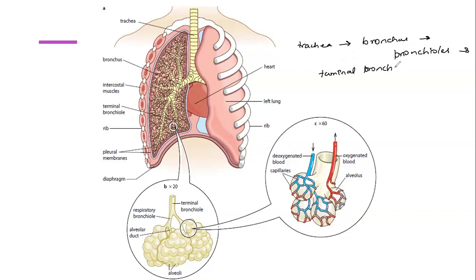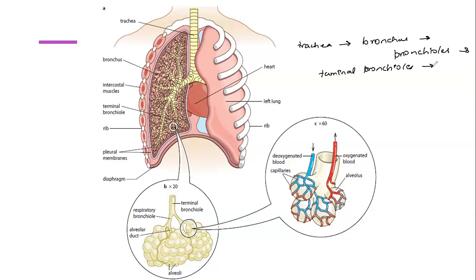So what do we have? We have trachea, the biggest, then two branches that are left and right bronchus. Then we have bronchioles, which are branches of the bronchus. Okay. Then the bronchioles will divide into different smaller branches that we call terminal bronchioles.